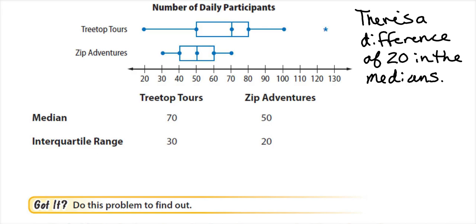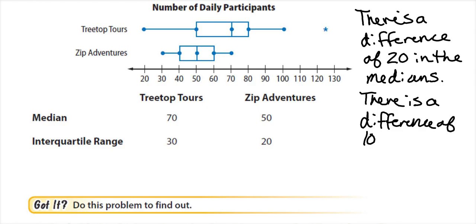All right, and then let's do the interquartile ranges, and let's just say that there is a difference of 10 in the interquartile ranges. We'll just do IQR for short, okay?